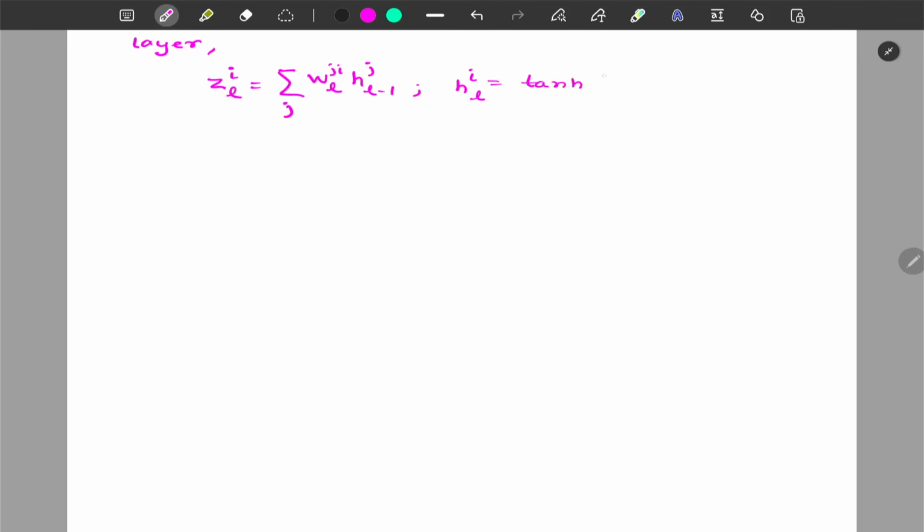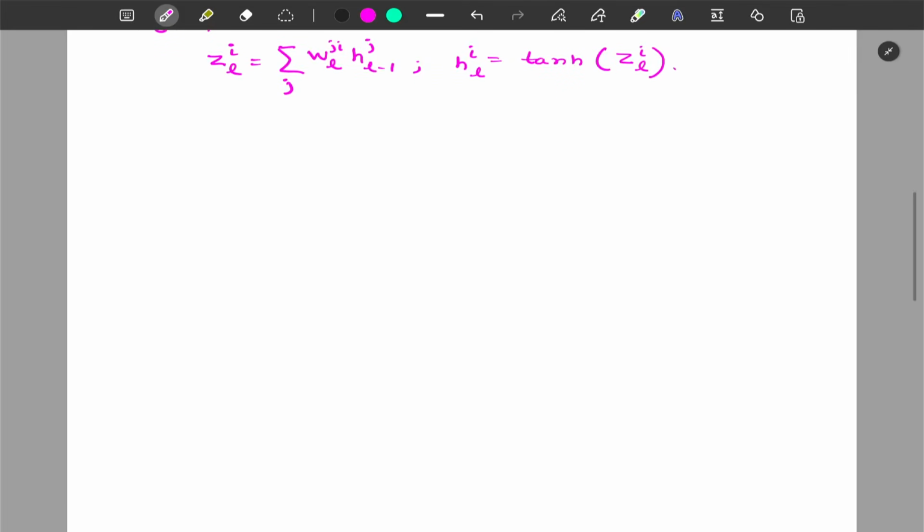tan hyperbolic of Z. This is what we wrote last time. And along with that, we also know that the weights are sampled from a Gaussian distribution with zero mean and variance sigma w squared.